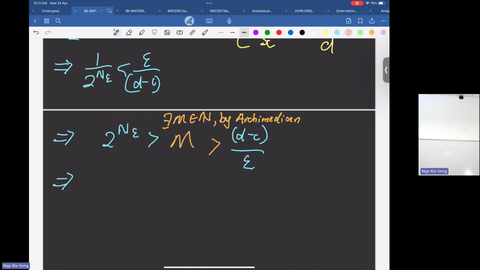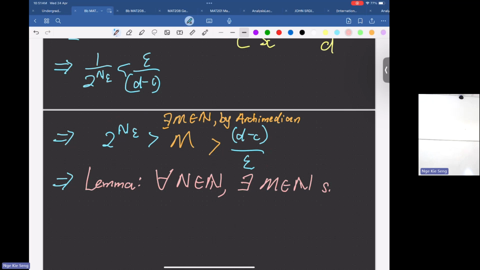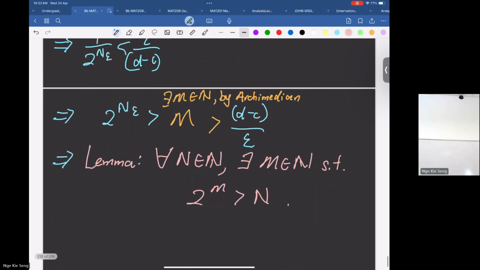So the lemma here is: for every natural number n, there exists a natural number m such that 2 to the power m is greater than n. Prove this. Then you will know how to find it. Yes, for all n, you need to find an m such that 2^m is greater than n.